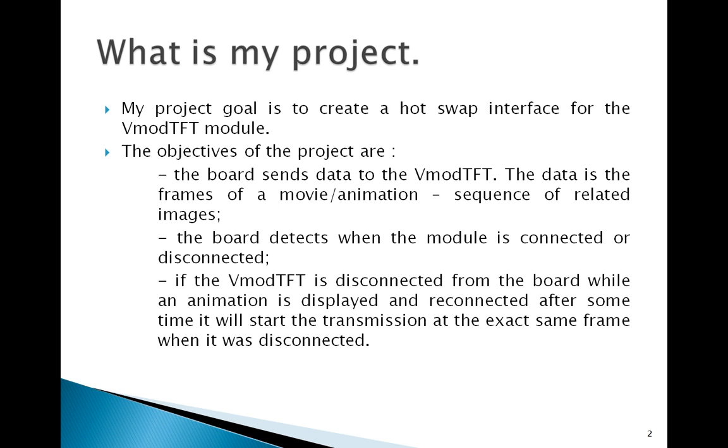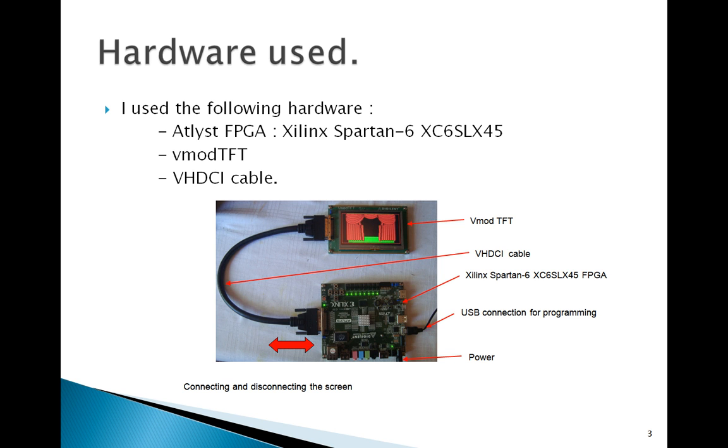The board detects when the module is connected or disconnected. And finally, if the VmodTFT is disconnected from the board while an animation is displayed and reconnected after some time, it will start the transmission of the animation at the exact same frame when it was disconnected.